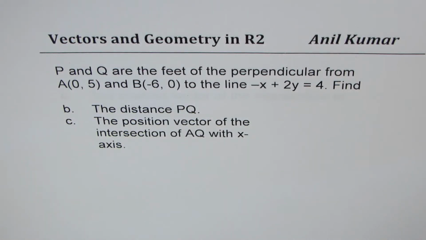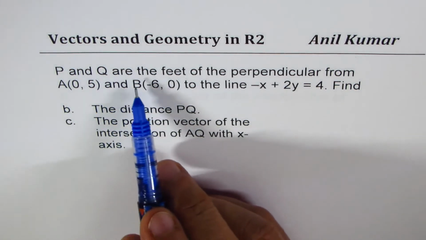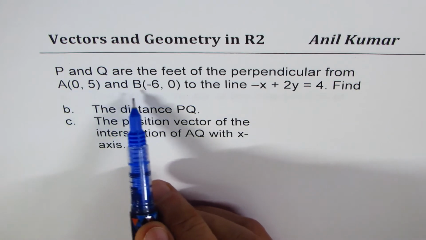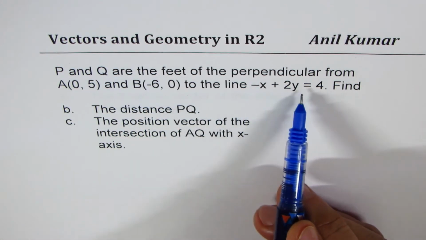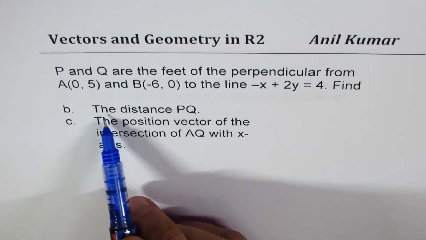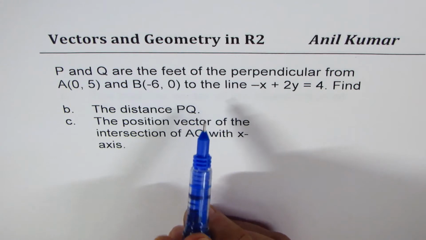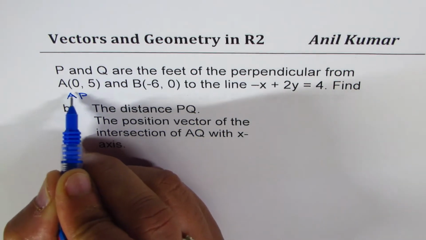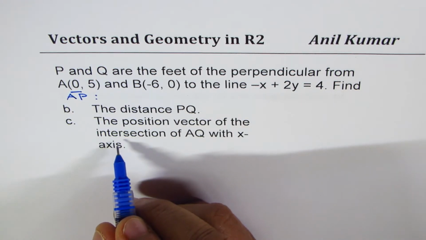So what we did here is the same question here. P and Q are the feet of the perpendicular from A (0, 5) and B (-6, 0) to the line -x plus 2y equals 4. Find the distance PQ. We already found the equations. So now what I will do is write down both my equations in scalar form, or the standard form, you can say.